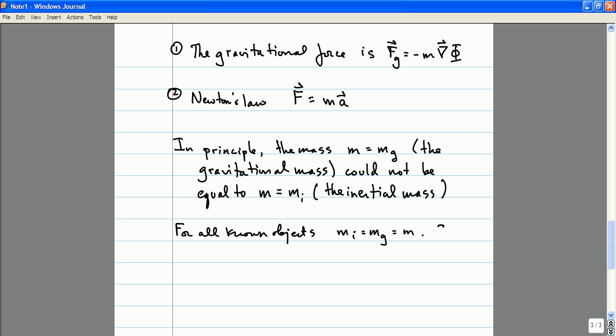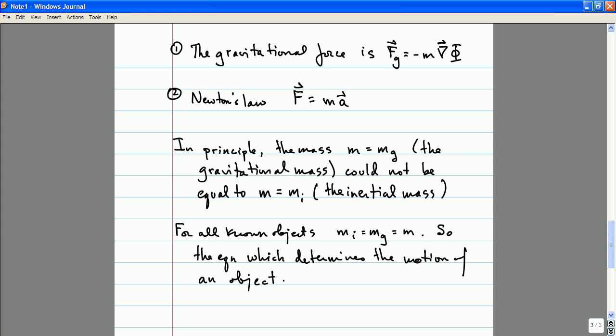And what this means is that the equation which determines the motion of an object is found by setting those two forces equal to one another.